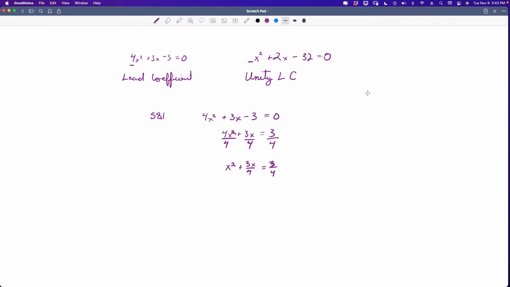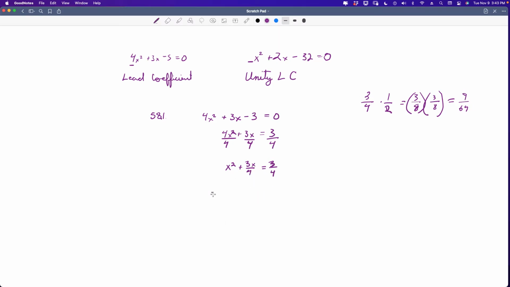So over on the side, 3 over 4 times 1 over 2 is equal to 3 over 8. Right? And then we're going to square that. So 3/8 times 3/8 is going to be 9 over 64. And that is going to be our third term in this square.